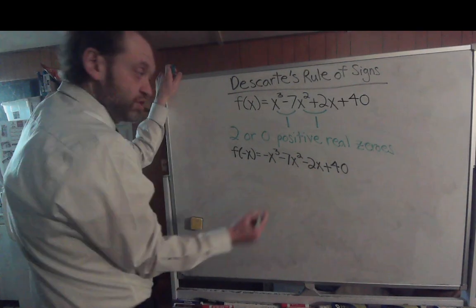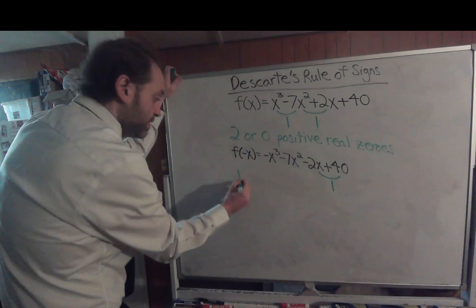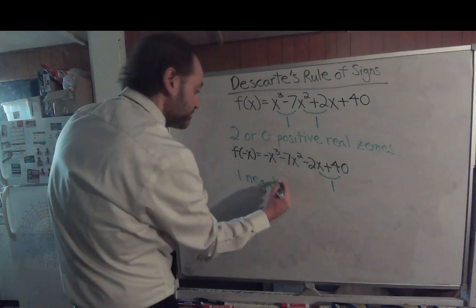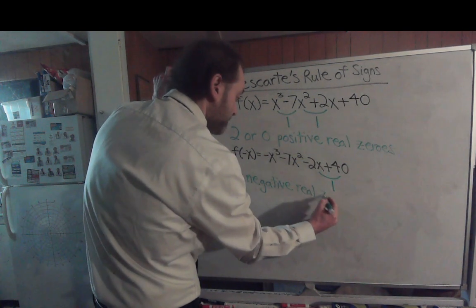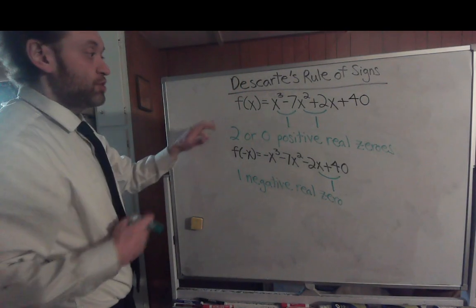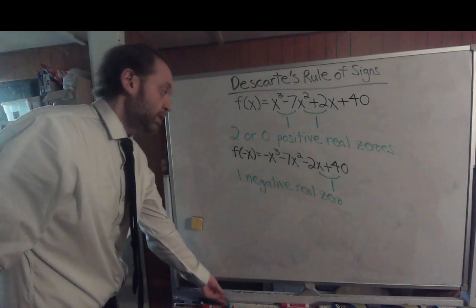That's from negative 2x to 40. So you have one negative real zero. So you have either 2 or 0 positive real zeros and one negative real zero.